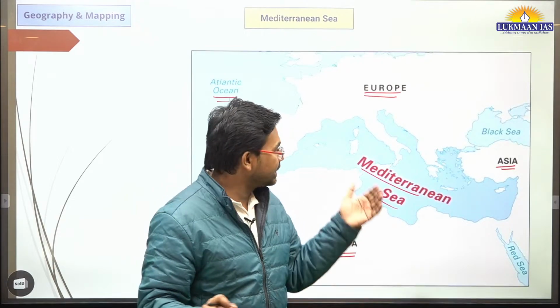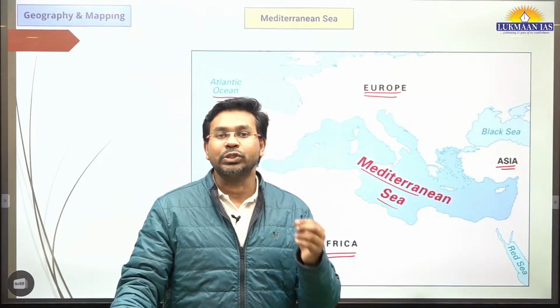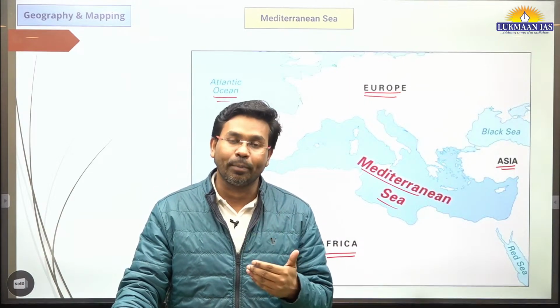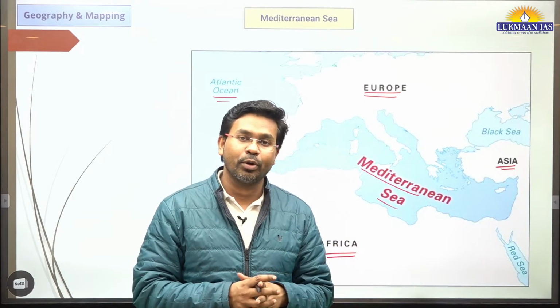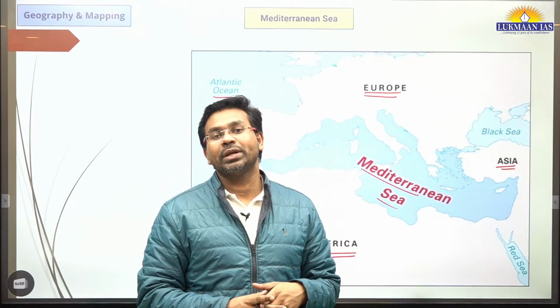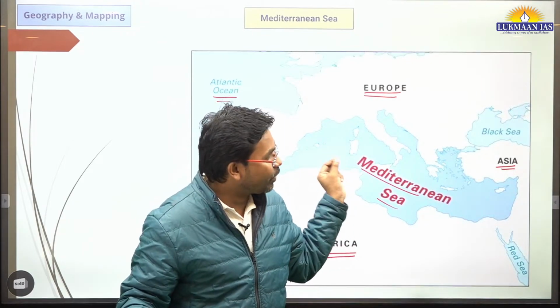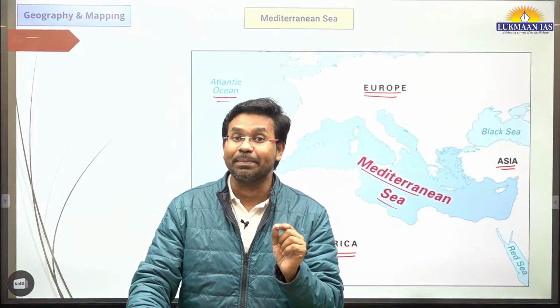Apart from this, Mediterranean Sea is known for some geophysical phenomena. What are those geophysical phenomena? One of them is the hurricane. The hurricanes that originate from Mediterranean Sea are known as Medicane.